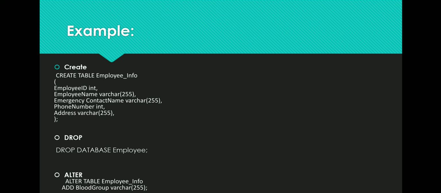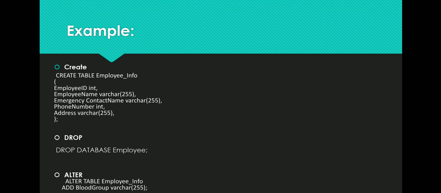Here, along with the name of the column, also its data type should be mentioned. Employee ID consists of integer data type, so it's mentioned as an int. Employee name consists of character type, so it is given as varchar. Drop table is the command given to drop a table.